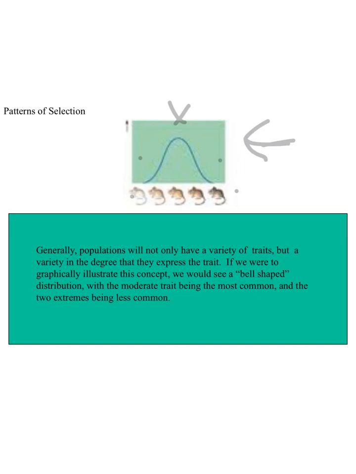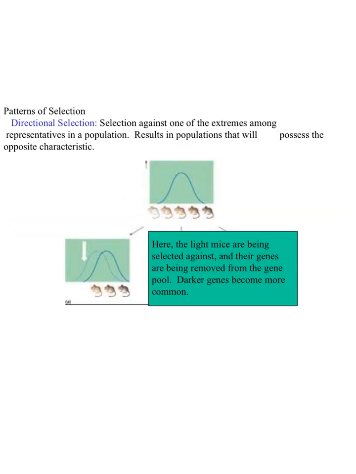In this case, we've got a few light-colored mice, a few dark-colored mice, but most of them are somewhere in between. Okay? This would be true for people, shoe size, height, a variety of different traits. Usually we'll show this pattern.